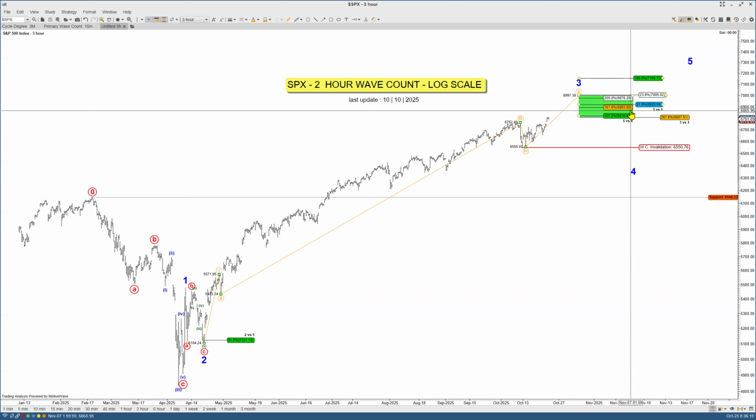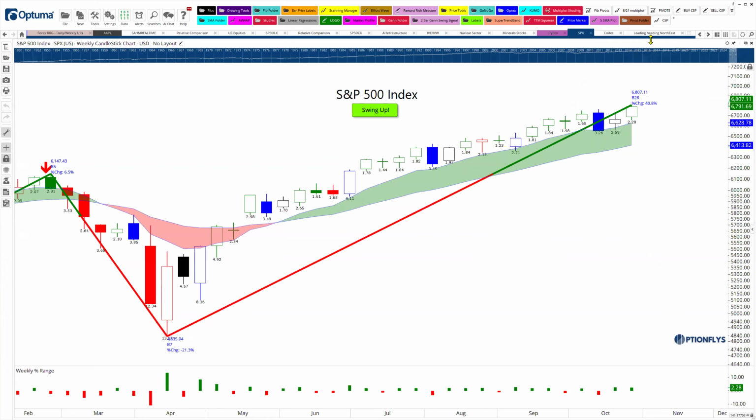We're at 6,800, then we'll look for 6,900, then 6,900 to 7,000. If we're looking for something to the downside, then we'll look for 6,700 and 6,600.